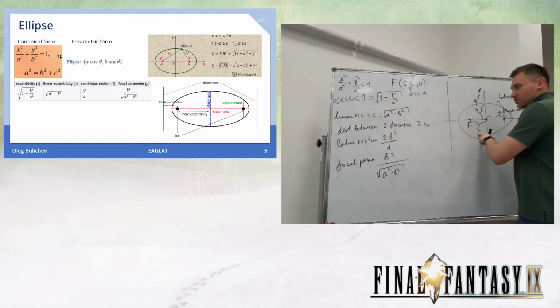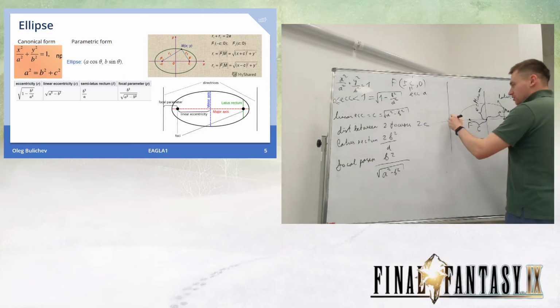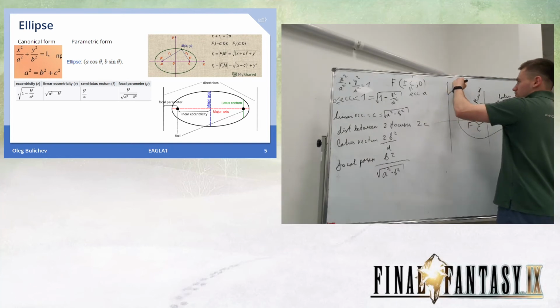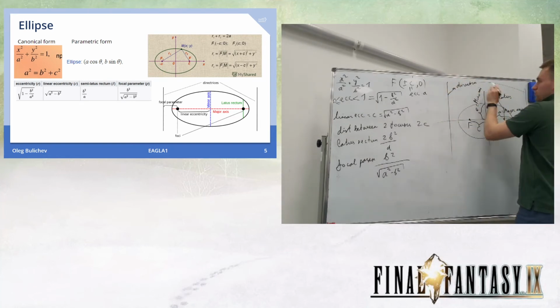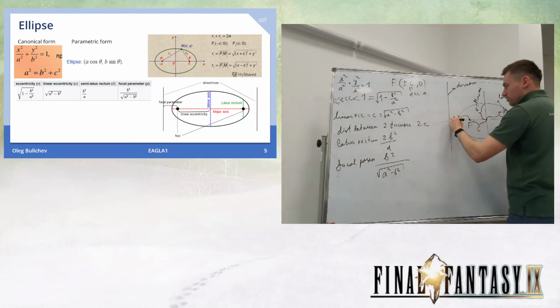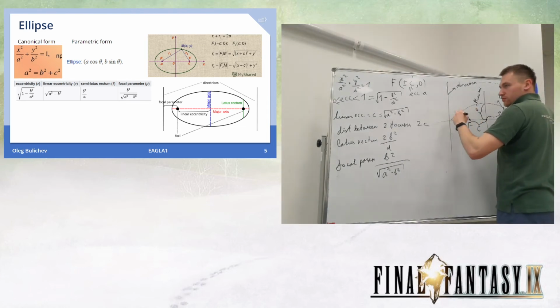So, this c or linear eccentricity, this directrix. This two. And this one is what? Focal parameter.